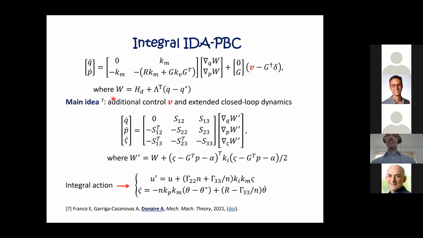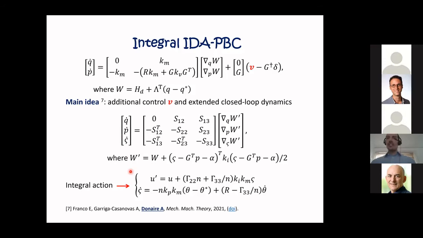The idea of this approach is to include a further control action, V, such that the closed loop dynamics corresponds to an extended dynamics, where we have an extended state, this zeta, and a number of parameters, these terms S, which we design by matching the closed loop dynamics with the extended dynamics at each level, so basically at each row.